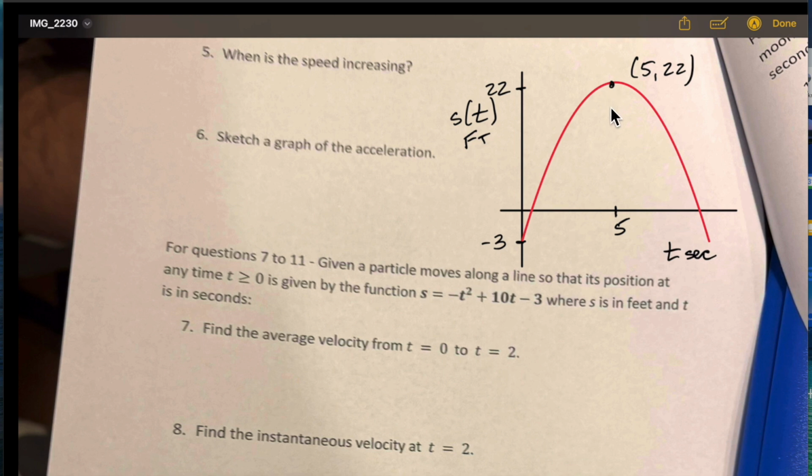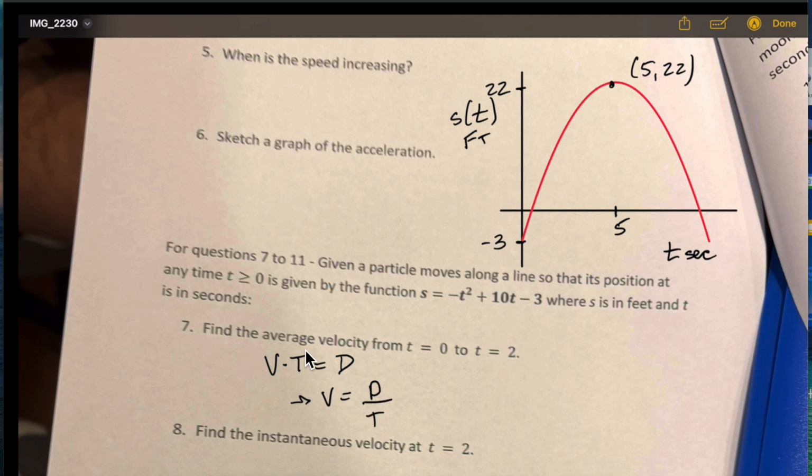So, folks, when we're asked to find the velocity and we're given the position graph, there are two ways to think about this. The first is we know that velocity times time equals distance. Therefore, the velocity equals the distance over time.